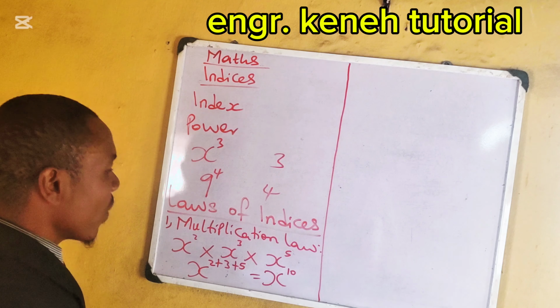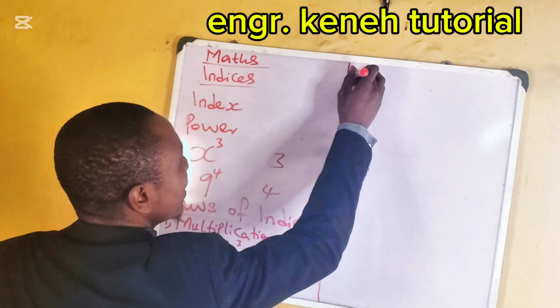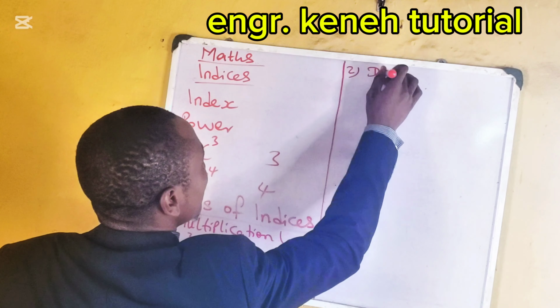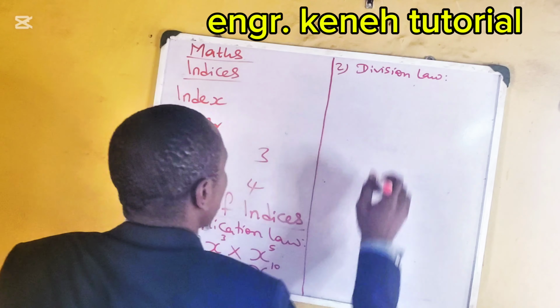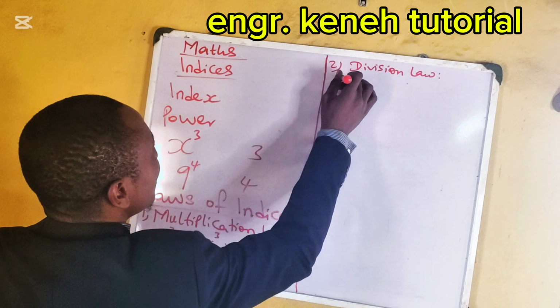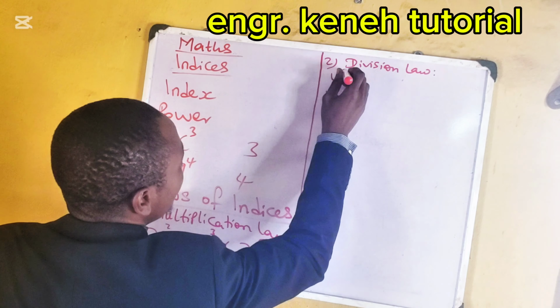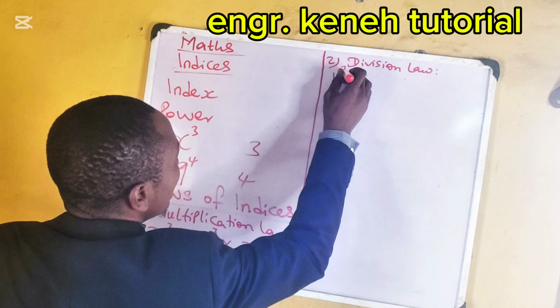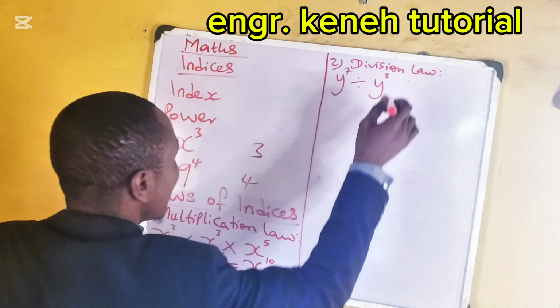All right, another one we have is division. We have the division law like this. This division law states that when you have the same alphabet or the same number bearing this, maybe they are dividing like this. Can you see that?